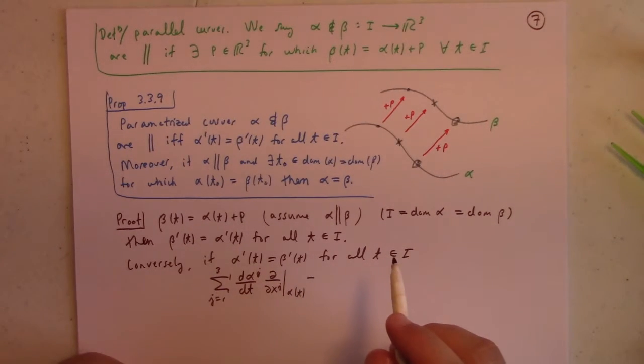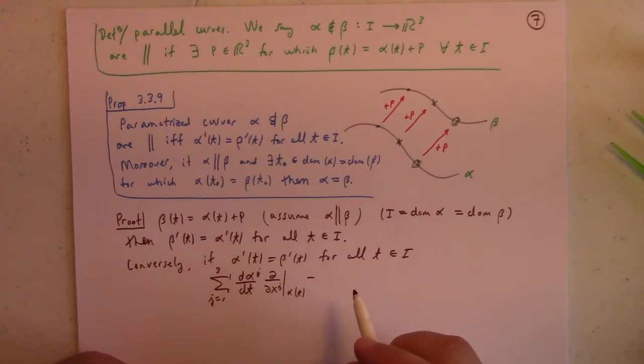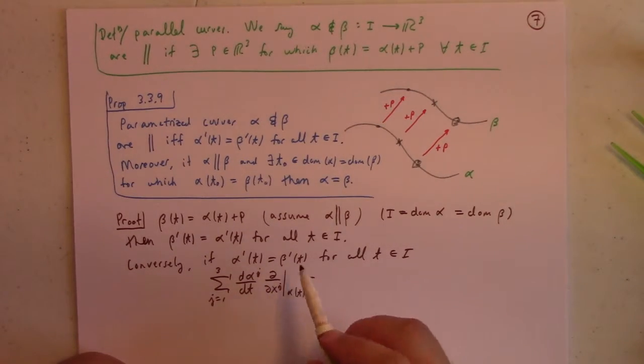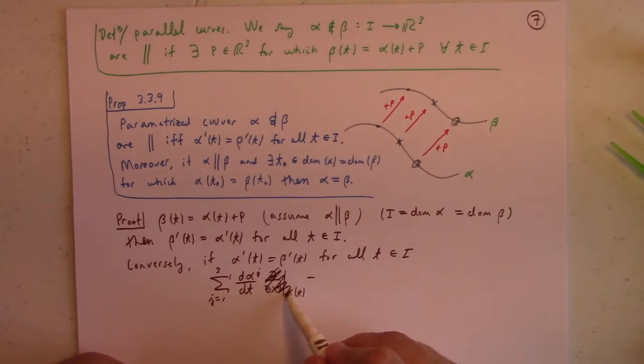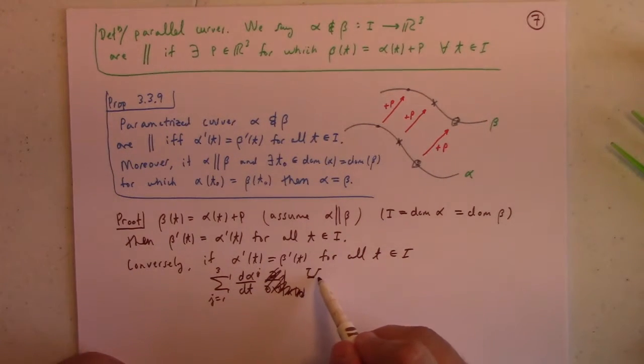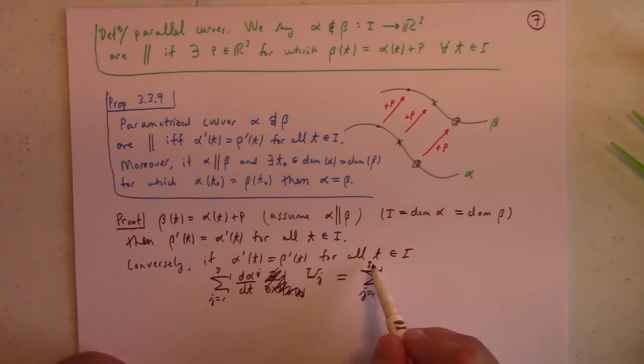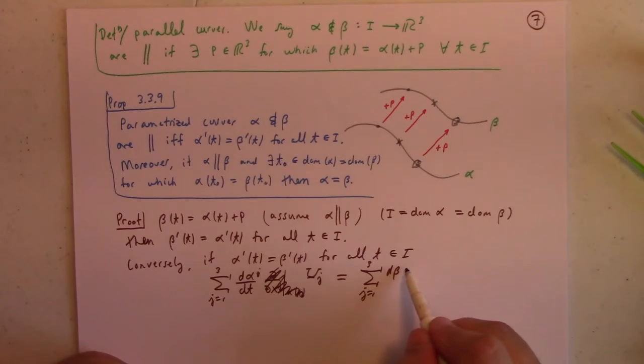To get across this idea, I'm going to use, say, u j, and so that's equal to a sum, j equals 1 to 3, d beta j dt u j.